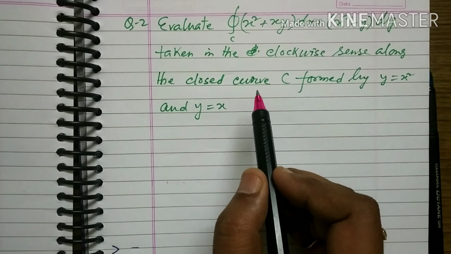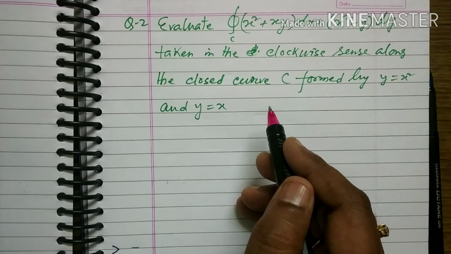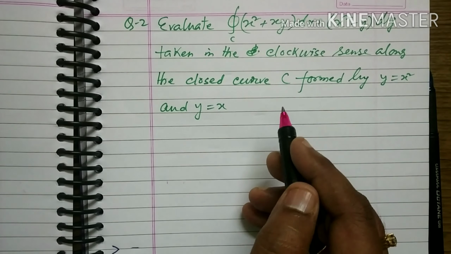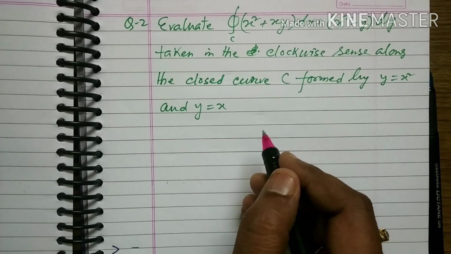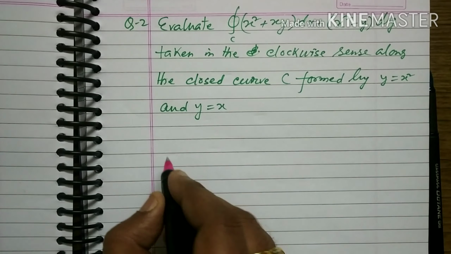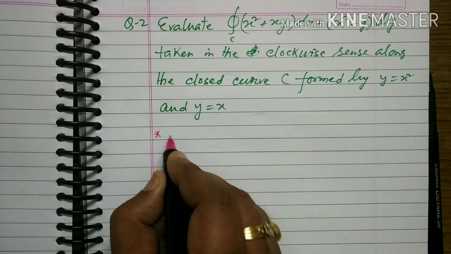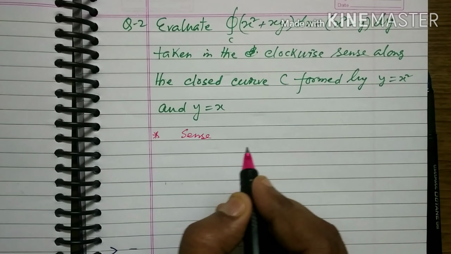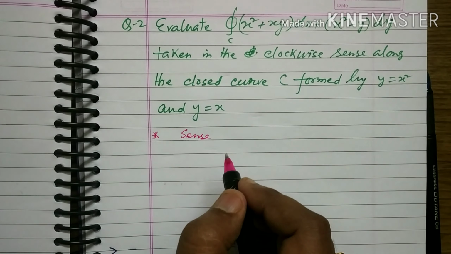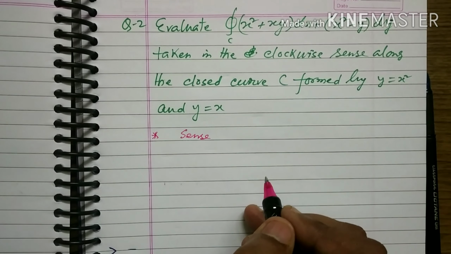When you try to solve a question from line integration based on a closed curve, you have to memorize two important things. Number one, sense, which means clockwise or anticlockwise.